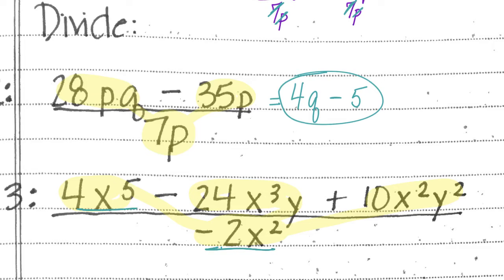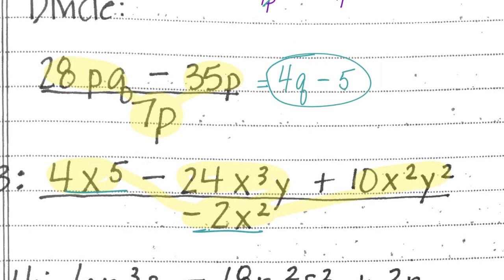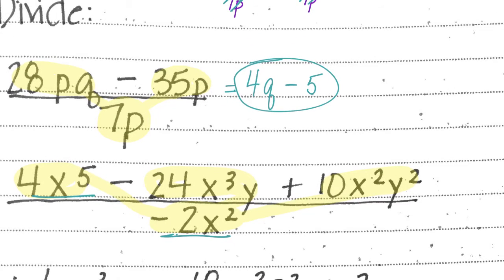Negative 2x squared goes into 4x to the 5th. It does go in negative 2x cubed. Negative goes into negative. Negative 2 goes into negative 24, positive 12. Well, notice here I'll have one x left over and that y will be left over.